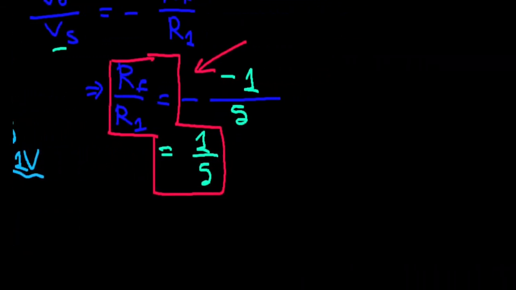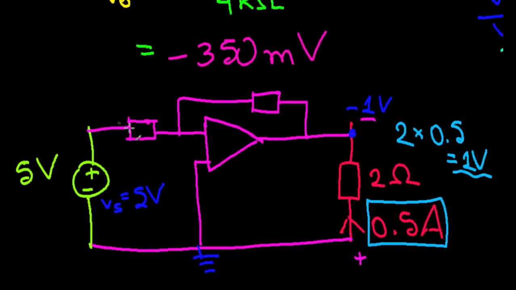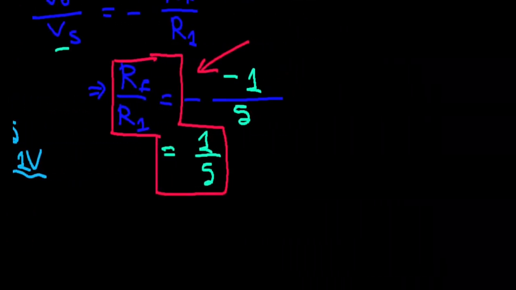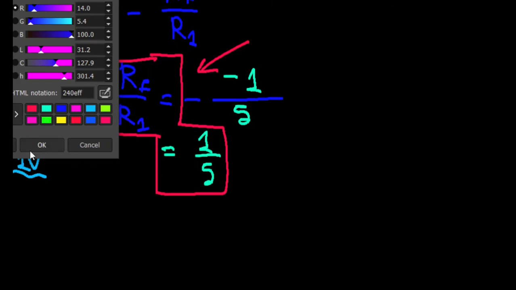As I said, the resistances here should be in the order of kilo ohms, as this is part of the op amp circuit. The ratio between these two is 1 is to 5. So let's see, I'll write some possible ones.